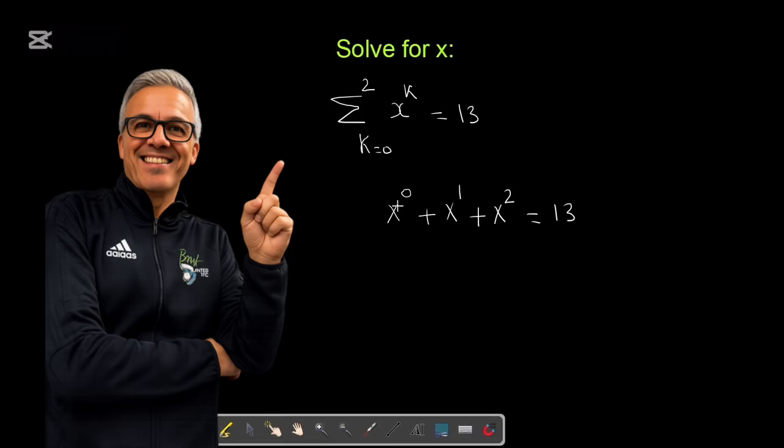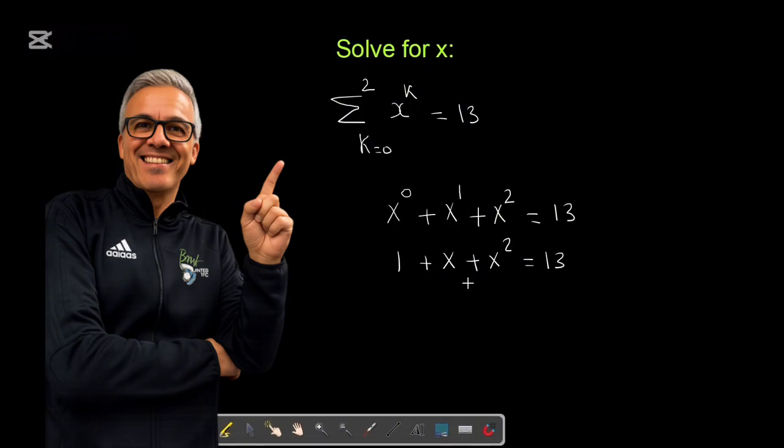Now, anything to the power of 0 equals 1. So x to the power of 0 here will equal 1, plus x to the 1, we could just write x, plus x squared equals 13. So the entire summation becomes 1 plus x plus x squared.